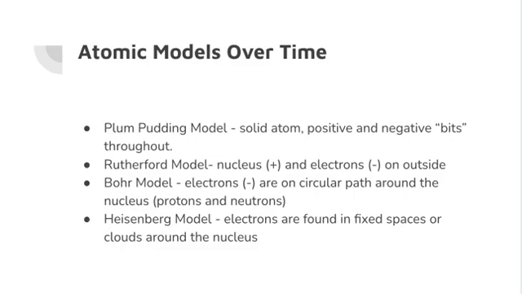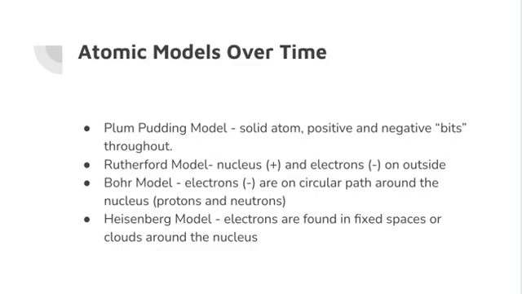And then Rutherford came around with his gold foil experiment, and he realized through that experiment that the nucleus, the solid mass in the center, was actually pretty tiny, called that a nucleus. That was positively charged, had protons and neutrons in it, and then electrons were found around the outside of the nucleus. And that most of that space around the nucleus was empty. There was nothing in it. So these electrons fill in within that empty space around it.